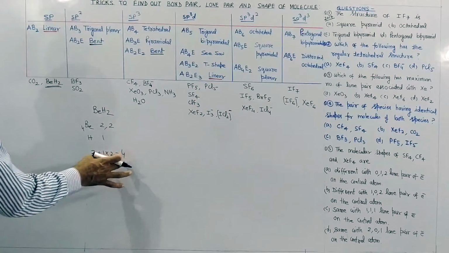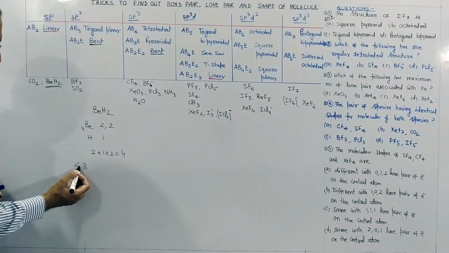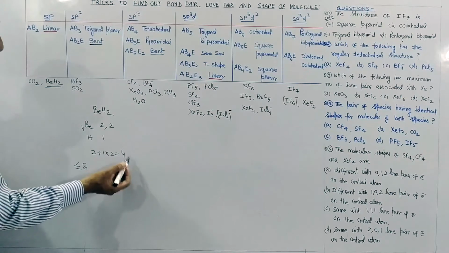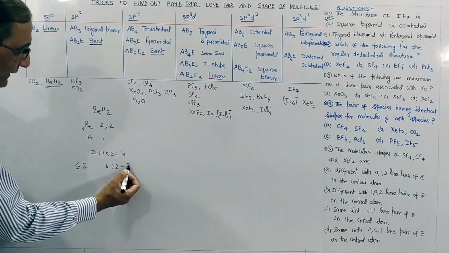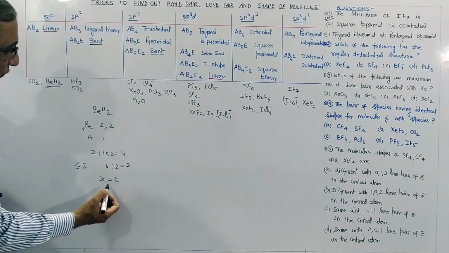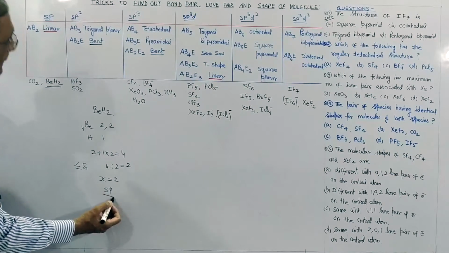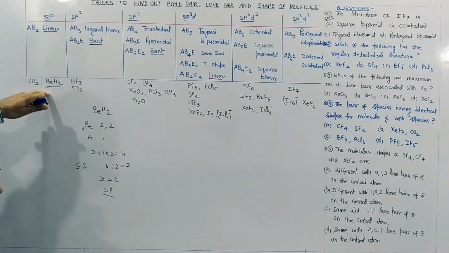If the sum of valence electrons comes out to be 8 or less than 8, then you have to divide it by 2. So 4 divided by 2 gives 2. This I call the X value. So the X value is 2. It means hybridization is sp. So the BeH2 molecule possesses sp hybridization.